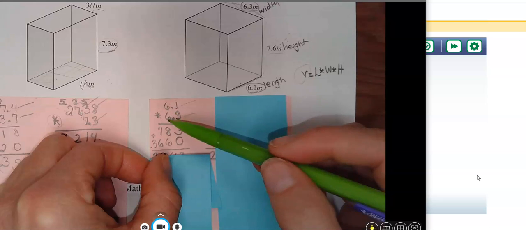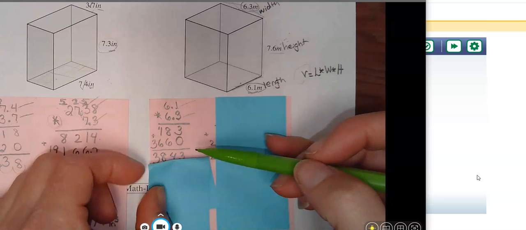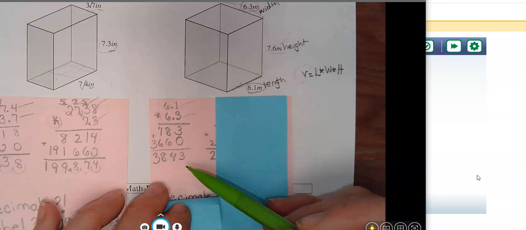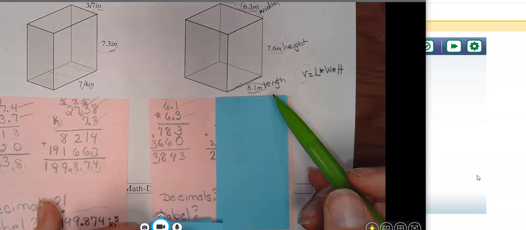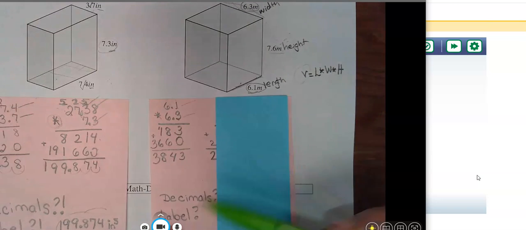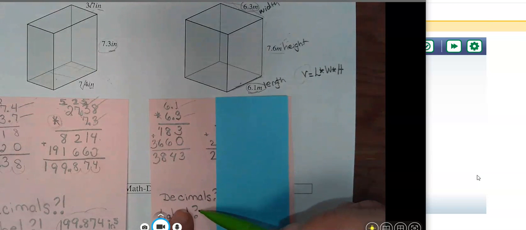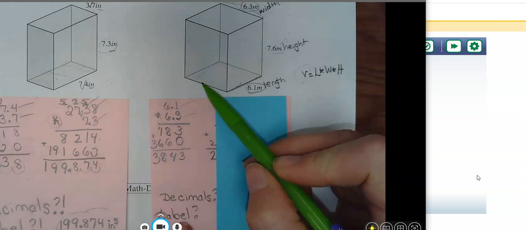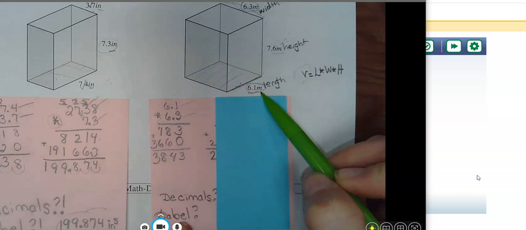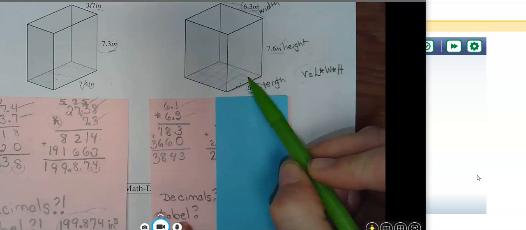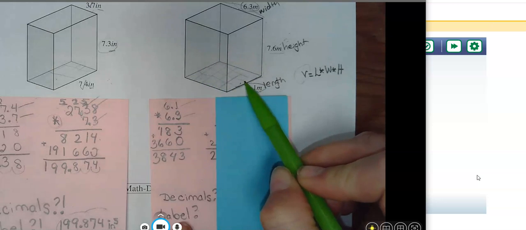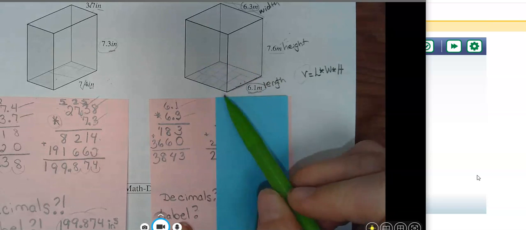And then the rest of your answer, multiplying times the 6. When you add those up, you get 3843, but you are not done. What about the decimals and the label? We don't worry about the label until the end. Although if we got a label, it would only be meters square, because so far we have just figured out how many squares it would take to get the area of the bottom.